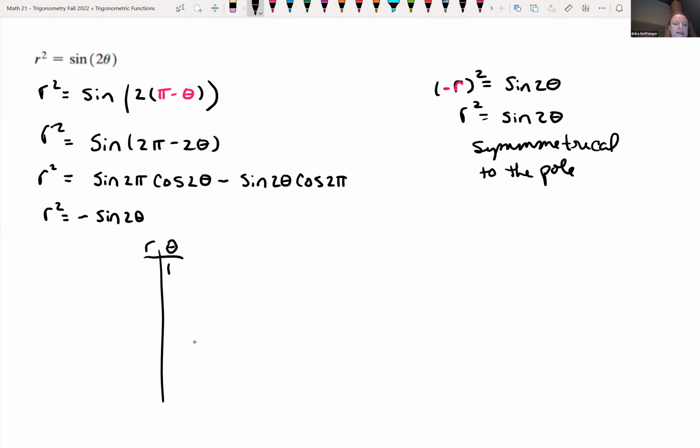So if we plug in 0, sine of 0 is 0. If we plug in 15 degrees, that's sine of 30 degrees, which is 1/2. So I get r squared equals 1/2, or r is equal to the square root of 1/2.